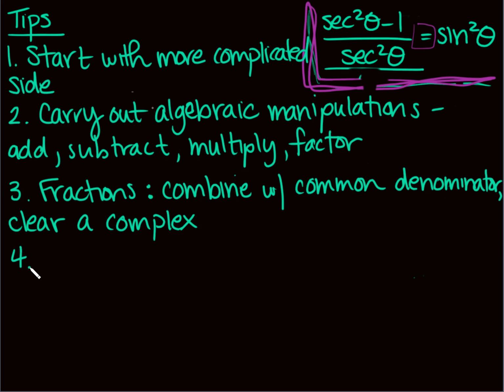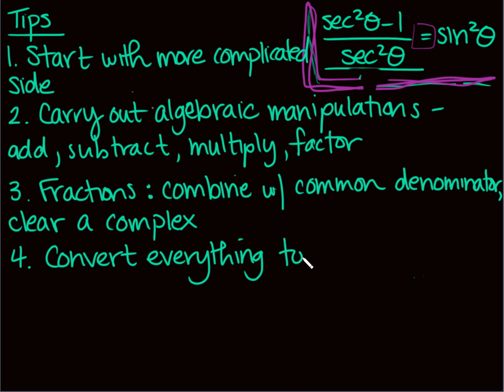Number 4, if possible, if you're really stuck and you don't see quite what to do, what I would really recommend is converting everything, and this isn't always going to be true, but a lot of times this is going to be helpful, convert everything to sine and cosine. Like that's going to be my first step up here when I have these secant squareds.